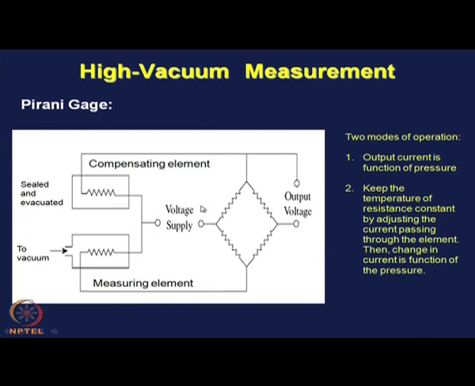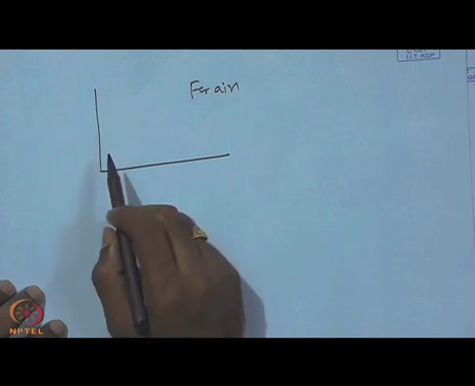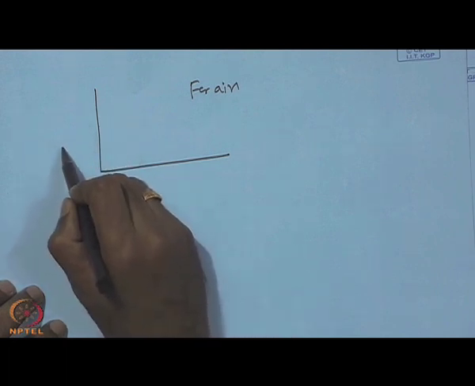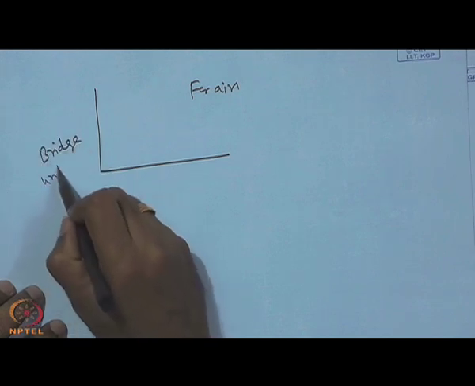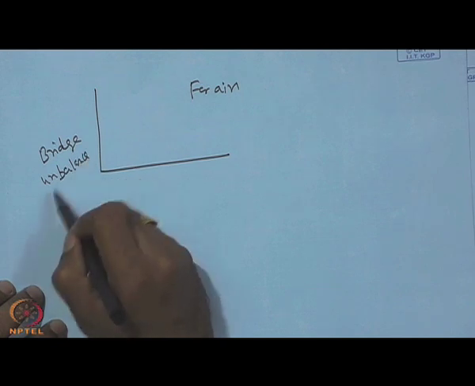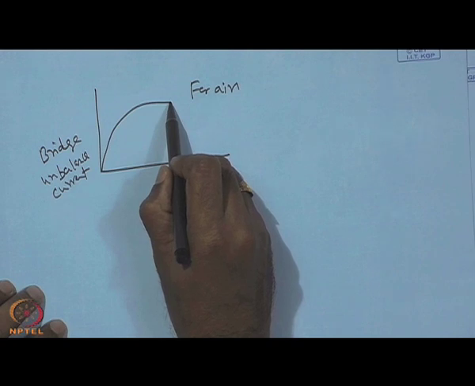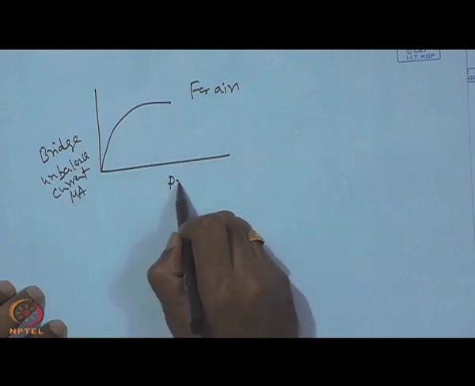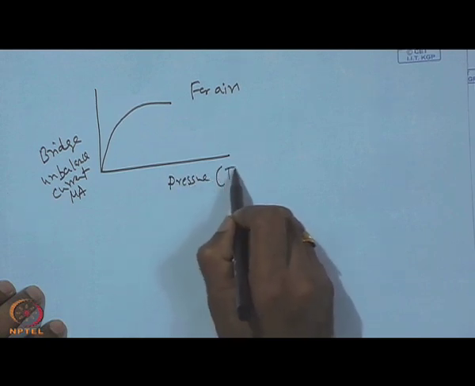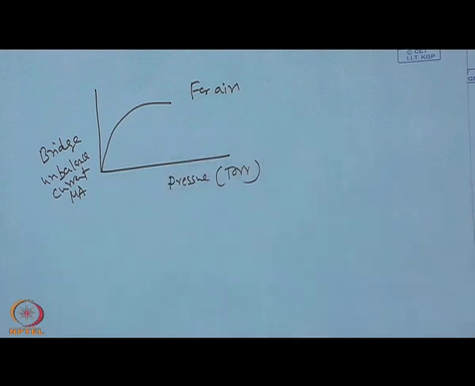If we plot for air, we typically get a nonlinear relationship.